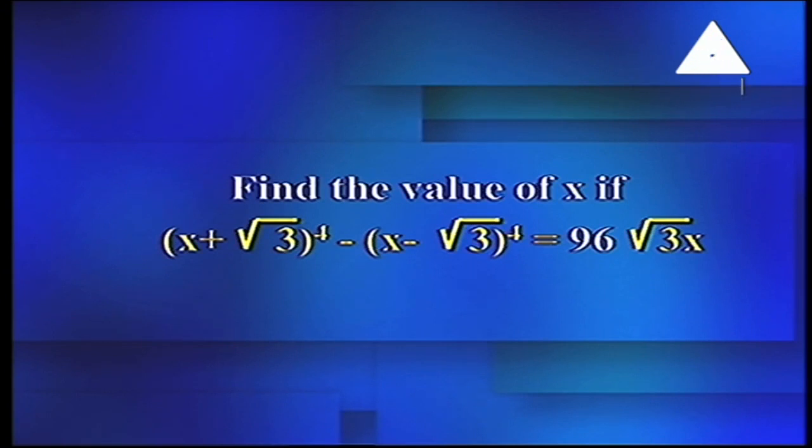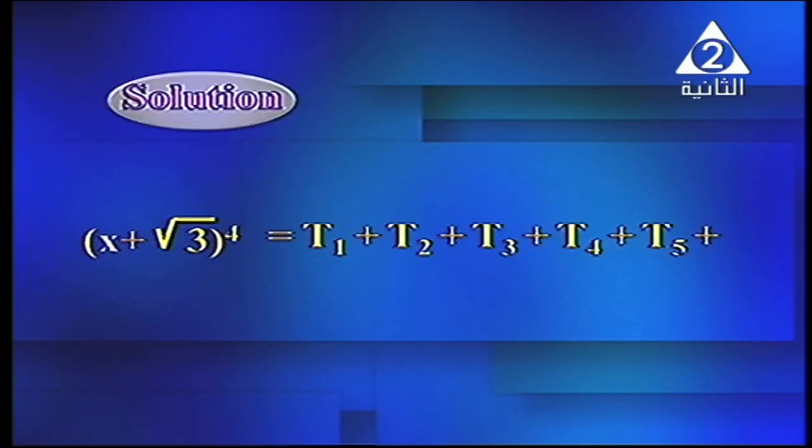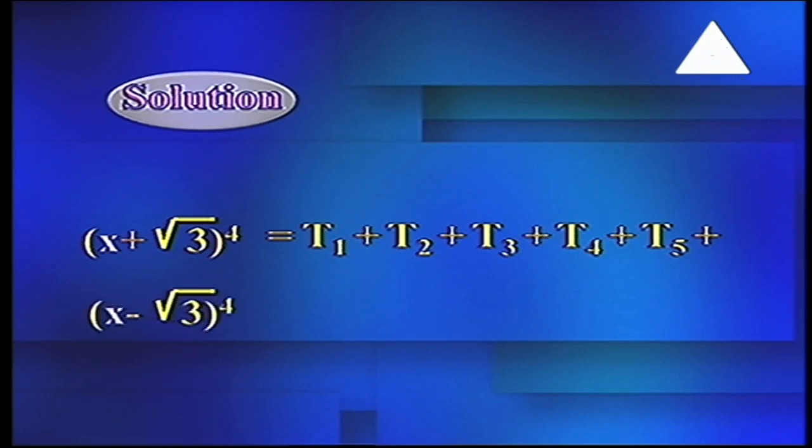Find the value of x if the left hand side (x + √3)^4 - (x - √3)^4 equals 96√3 x. By using, my dear student, the binomial theorem, (x + √3)^4 has 5 terms, equal to t1 + t2 + t3 + t4 + t5.